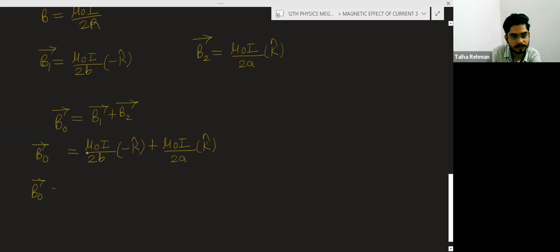When you take common, mu naught I by 2 is common from both the terms. And this is minus 1 by B of k cap, this is plus 1 by A of k cap.